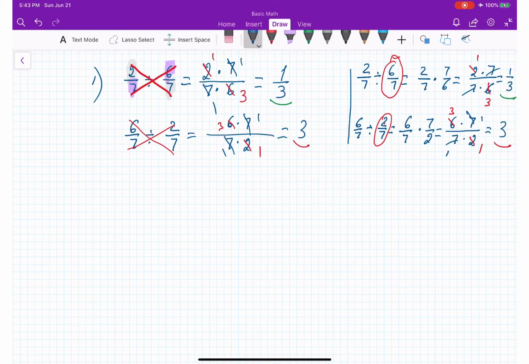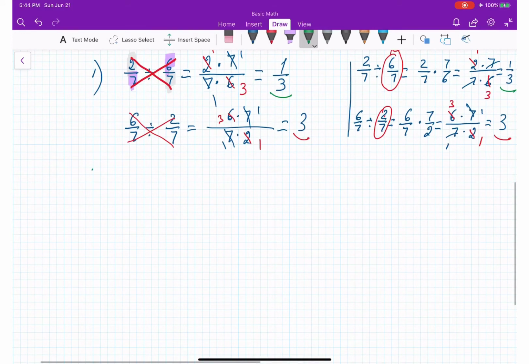One more example. Let me see. 15 over 17 divided by 25 over 34.